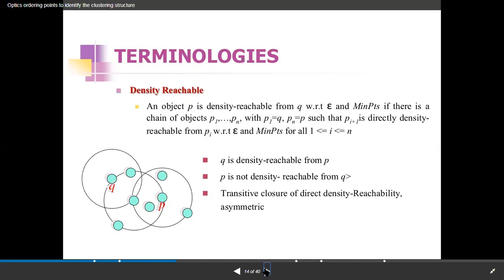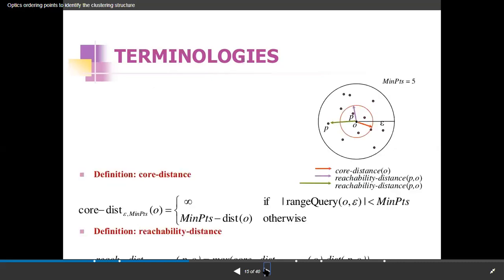But through its directly density reachable to a core point, and that core point is directly density reachable to P, so Q is density reachable to point P. So it is a transitive closure of directly density reachable, and it is also an asymmetric relation because P is not density reachable to Q. The second terminology I am going to explain to you through the next slide.